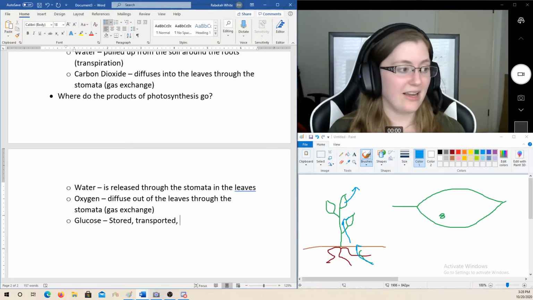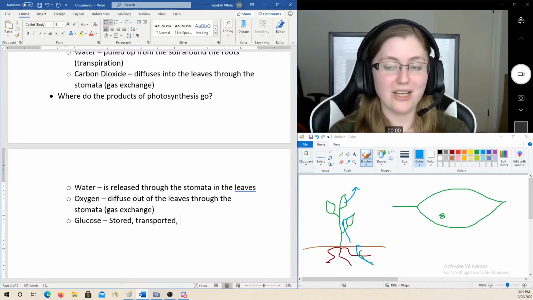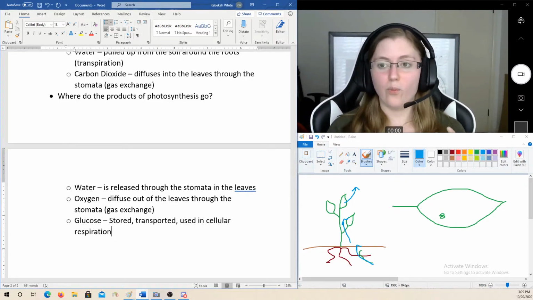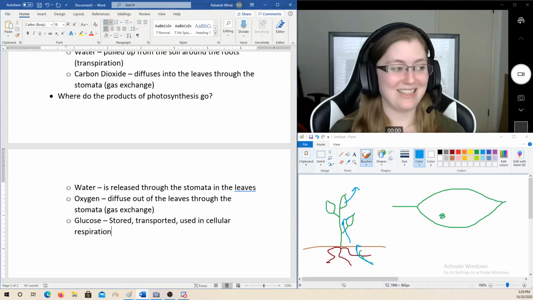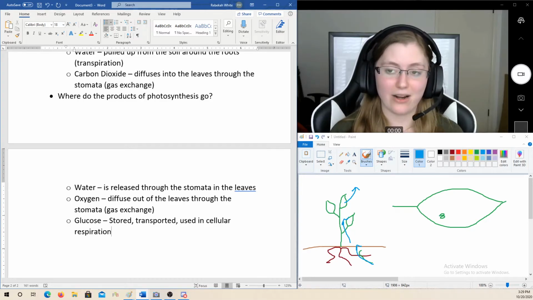And then the last thing is the other part that you mentioned, that it gets used in cellular respiration. So we talk about how, yes, exactly, the plant has both chloroplasts and mitochondria.